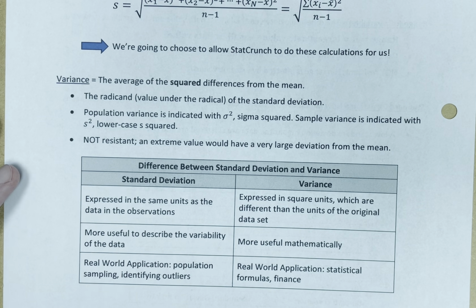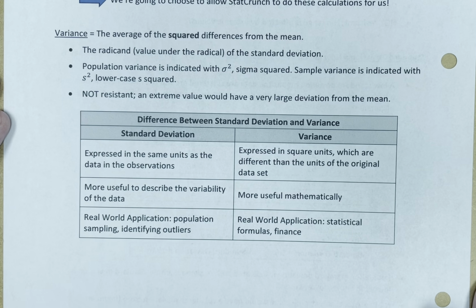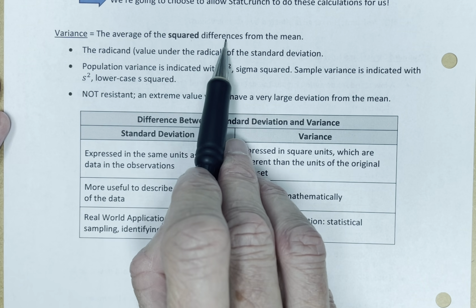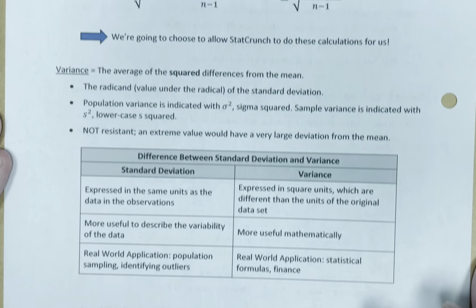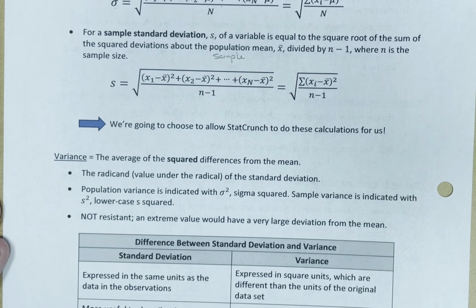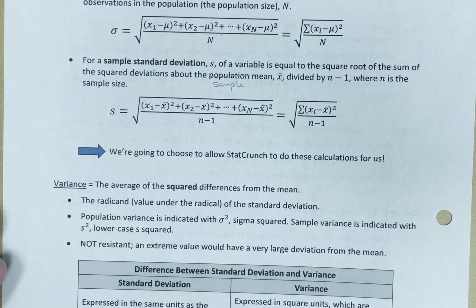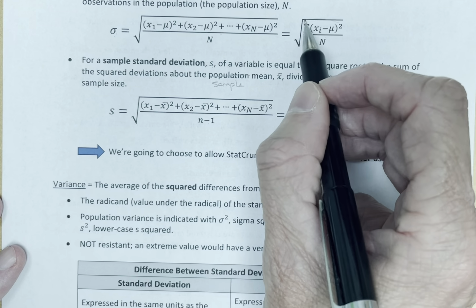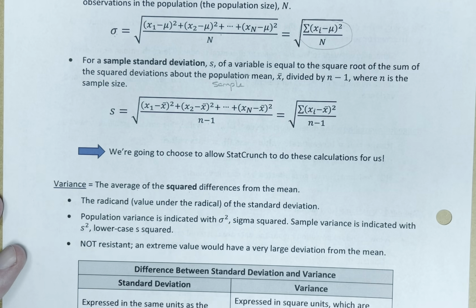Finally, our third measure of dispersion is the variance. It's the average of the square differences from the mean. Basically what it is is this part right here, what's underneath the radical. The radicand, the value under the radical of the standard deviation.